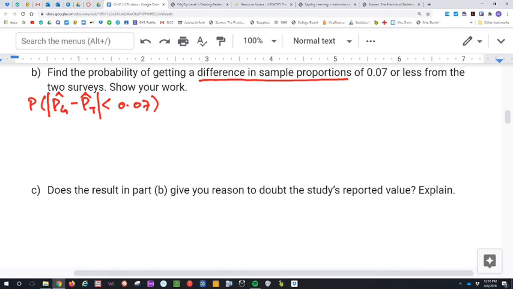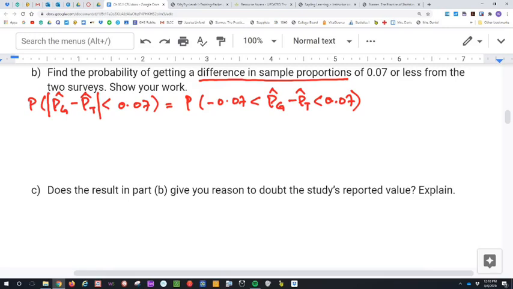Mathematically, it means the probability that p hat g minus p hat t has to be greater than negative 0.07. That's how it works for an absolute value expression.